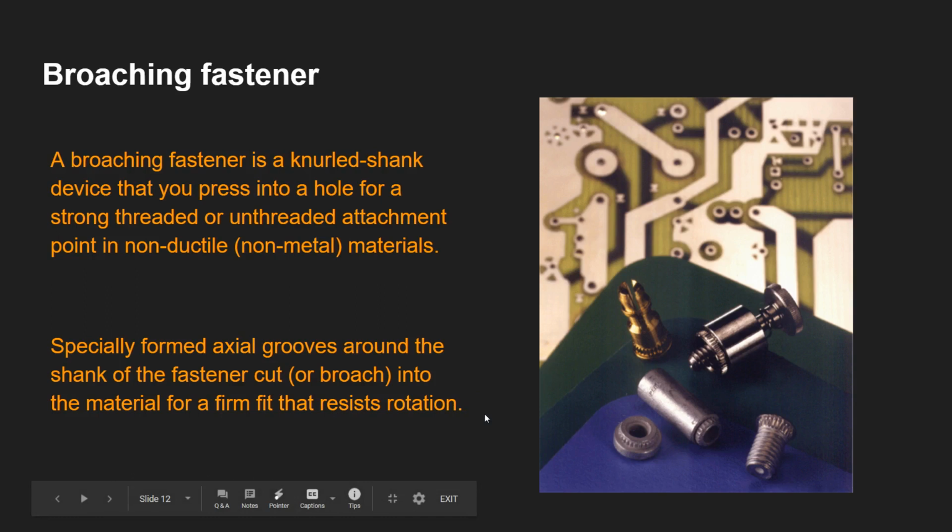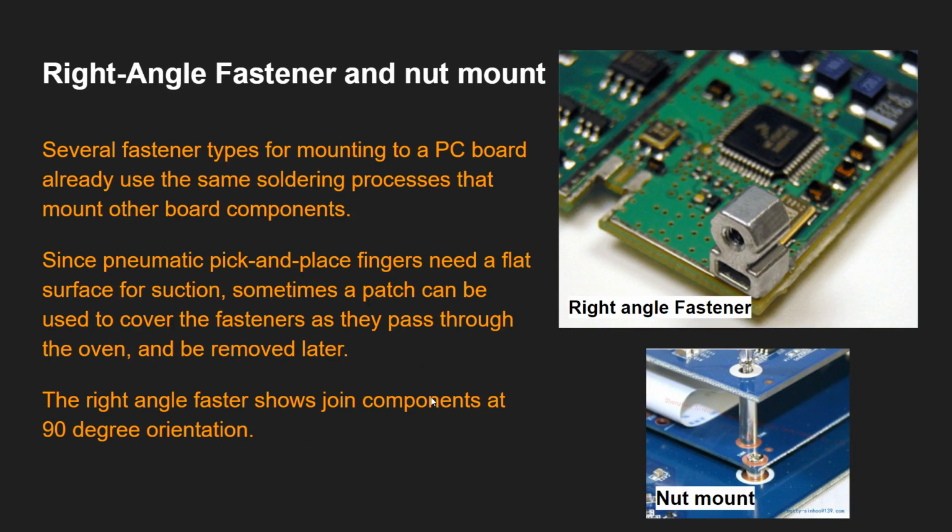So here the broaching nuts make a permanent thread for board mounting when pressed into the PCB, and they come in steel or stainless steel, and mating screws complete the final component attachment when you use it for your PCB. Moving on to the next slide.